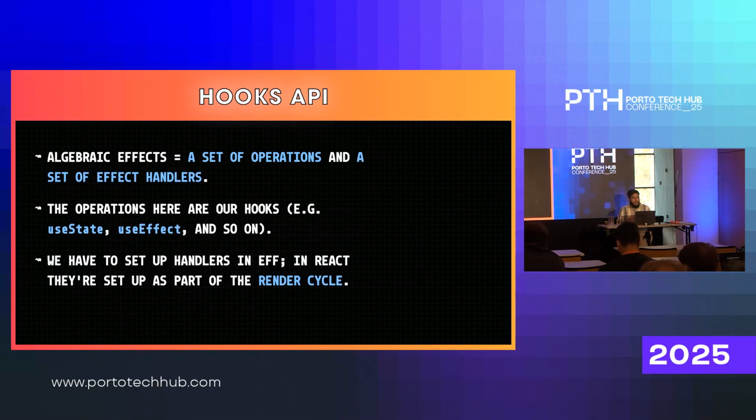And when I tried to interpret what Sebastian said in that long discussion thread, I think the abstraction was more like, okay, so those algebraic effects are a set of operations and a set of handlers. And if we were to think about that in React, those operations are our hooks, like useState, useEffect, and all the other 20 we got throughout the years.